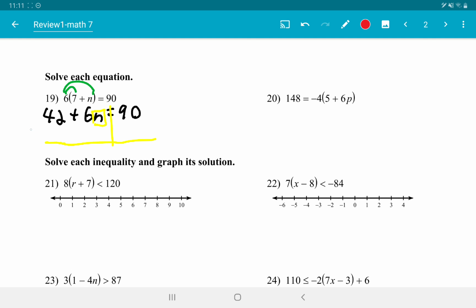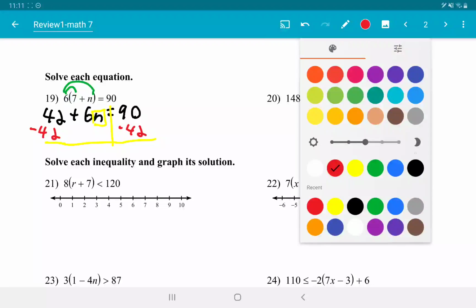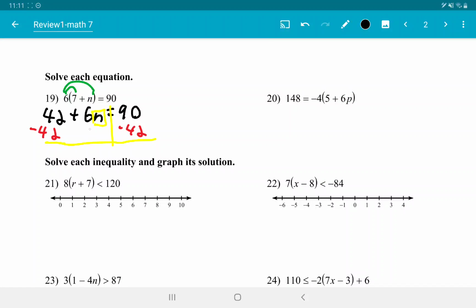So I'm going to subtract 42 from both sides. That 6n moves down here. And then 90 minus 42 is not 58, but 48. So I'm going to rewrite it up top.